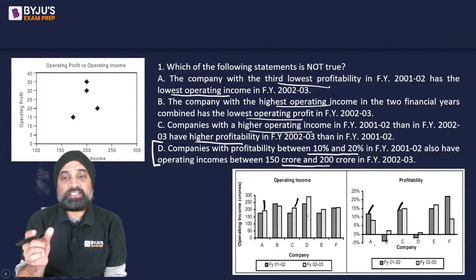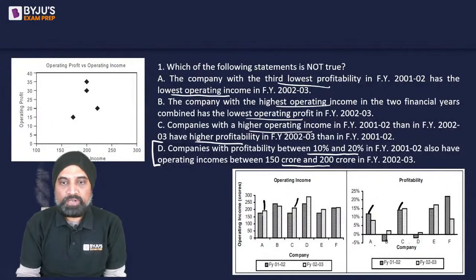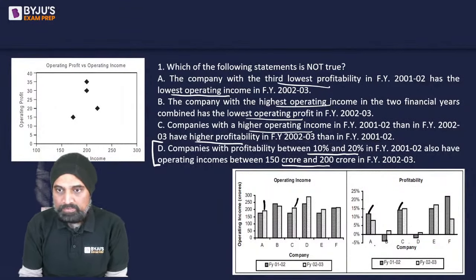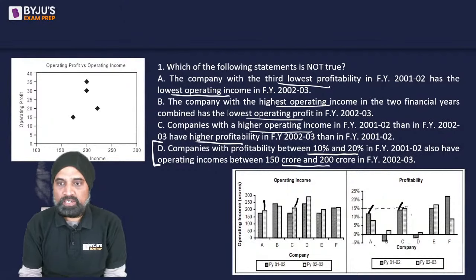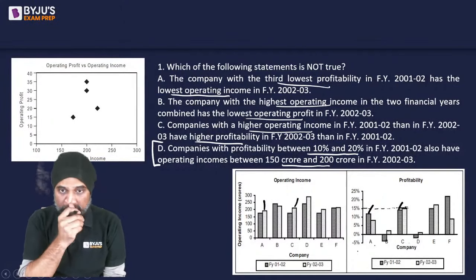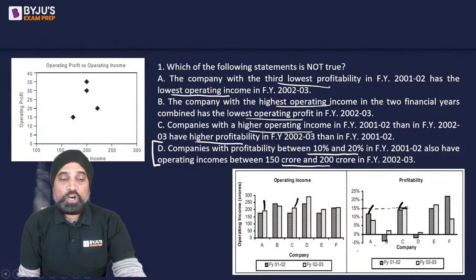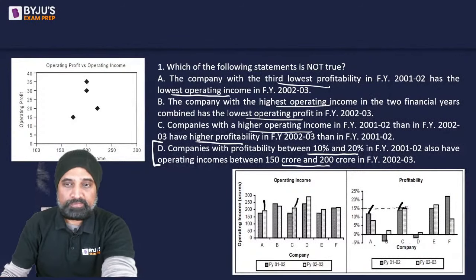And it is given that the range is between 150 crores and 200 crores. So is it, okay, this is definitely less than 15 or 15. So, is it true or is it false? Option D. Anyone? Is this true or is this false?